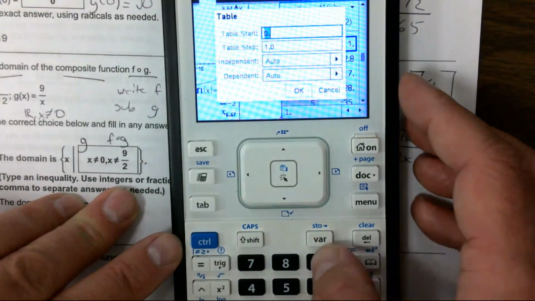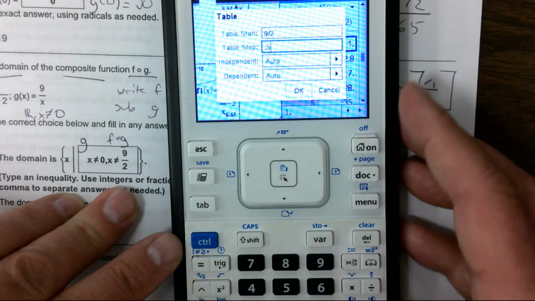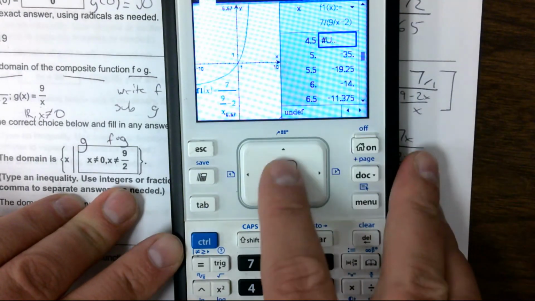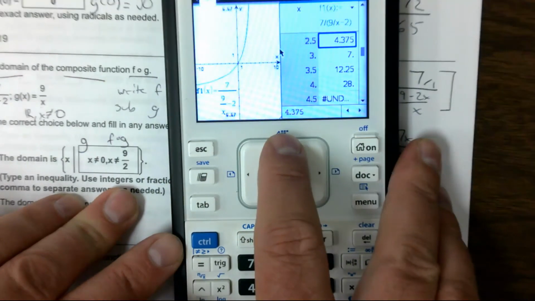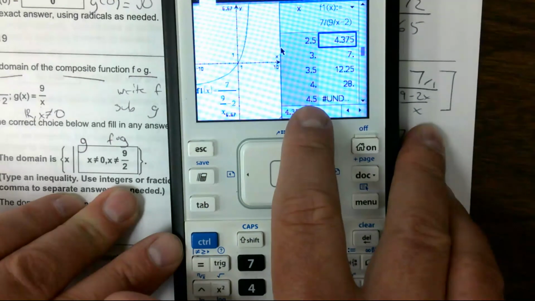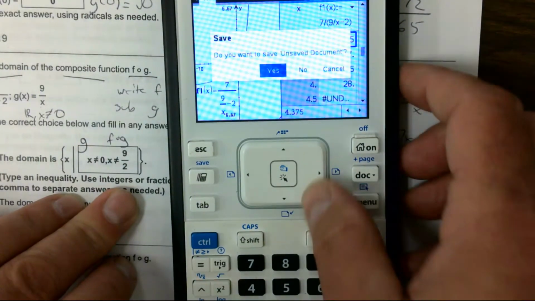If we put 9/2, going by a half, 9/2, which is 4.5, is undefined. So now you can see my step is changed to a half. So that's one way to do it. That may not be your preferable way.